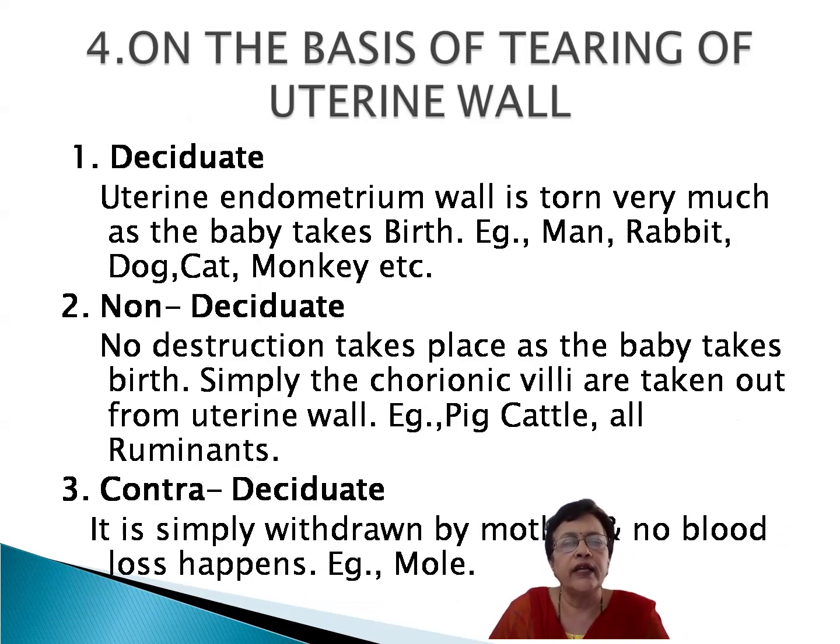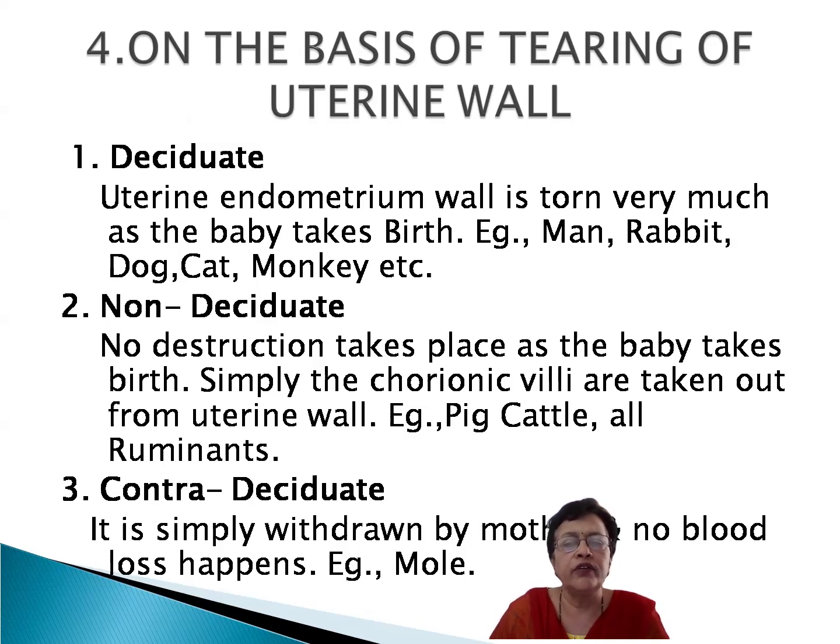So when the uterine endometrial wall is having lots of destruction, such kind of placenta is called deciduate placenta, in which the uterine wall is torn up very much. So it is present in man, in human beings, primates, lagomorpha, carnivora, etc.